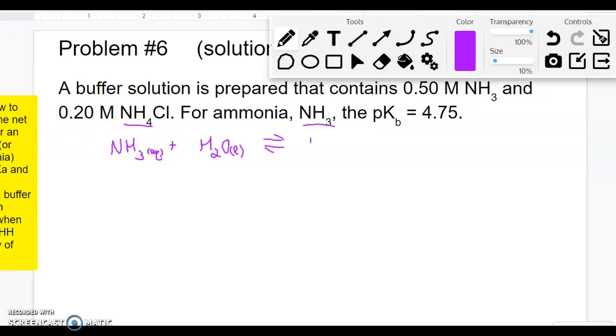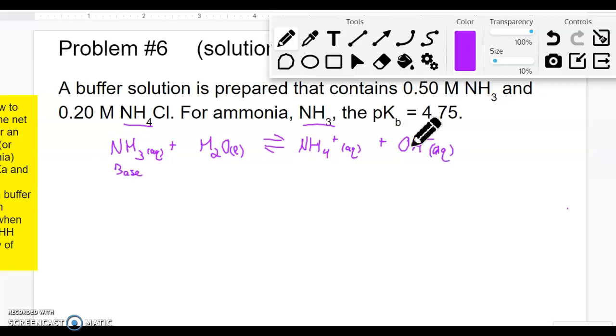It absorbs H plus, so we end up with NH4 plus aqueous. That H plus came from the water, so we have OH minus. Because it produces OH minus, that makes the NH3 the base. But this is aqueous.